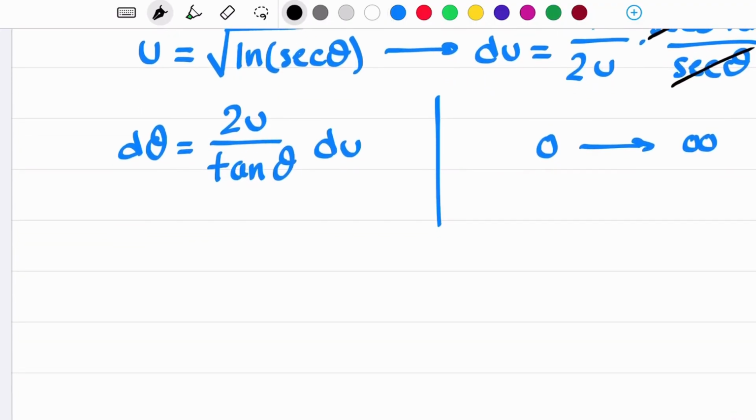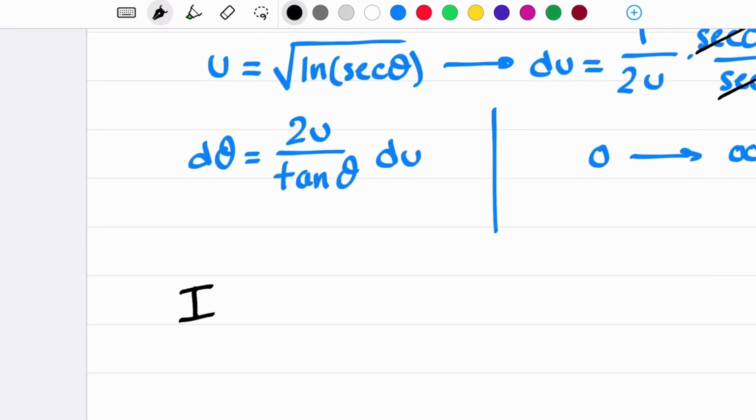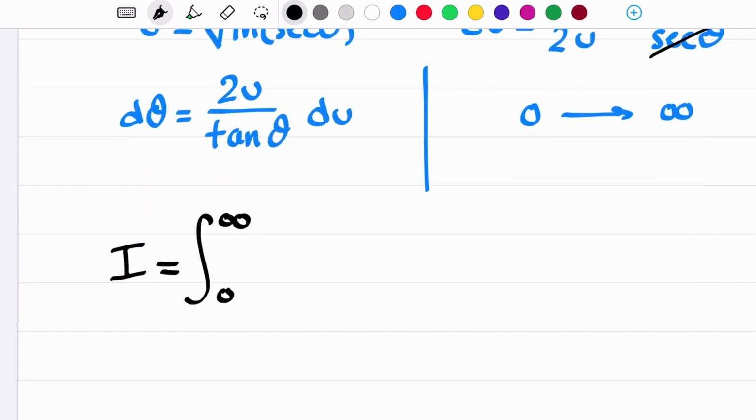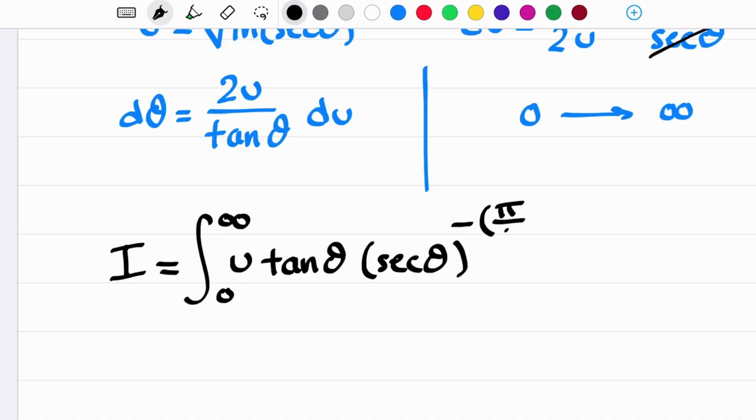Let's rewrite it. So our new integral is going to be from 0 to infinity. This square root natural log term is going to just be u, which looks so much nicer. Tangent theta, secant theta to the negative pi over 4 to the 1/3.